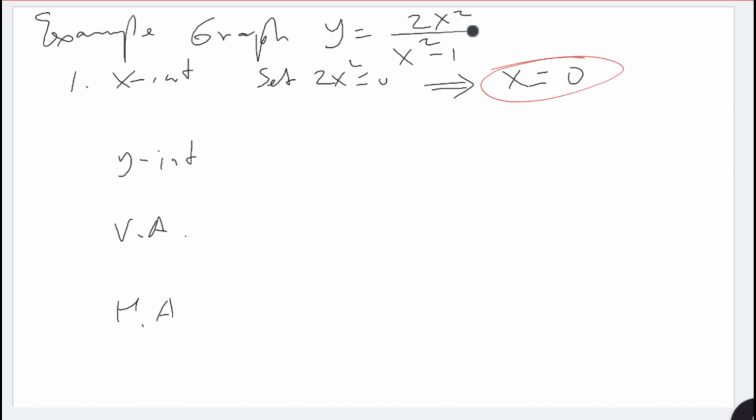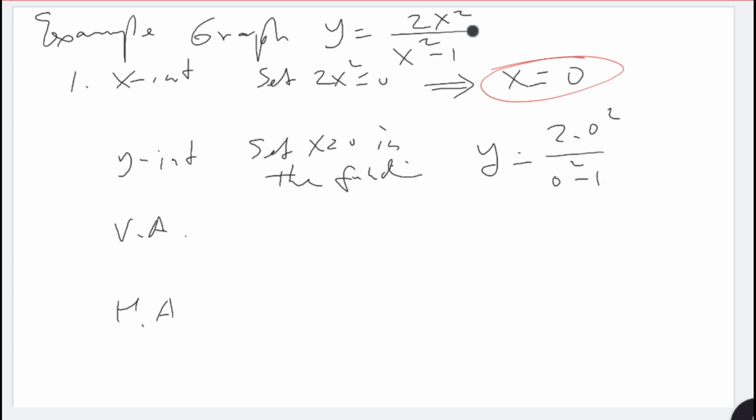How do we find the y-intercept? We set x equal to 0 in the function. So y will equal 2 times 0 squared over 0 squared minus 1. Here, replace x by 0.